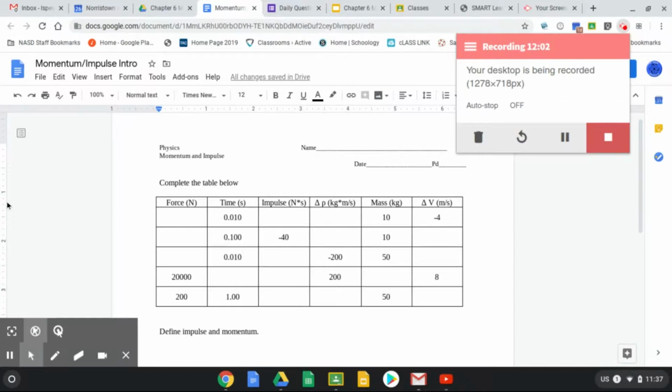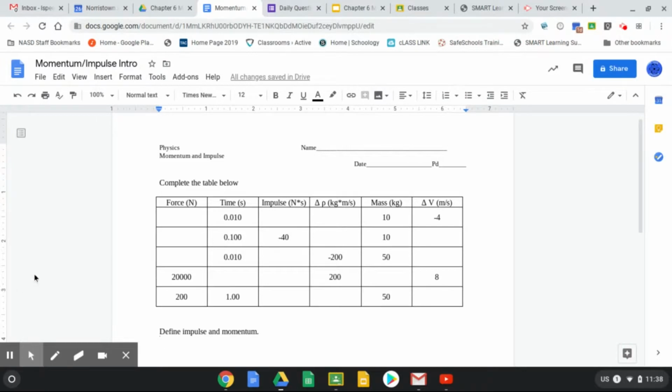All right, let's take a look at the worksheet that came along with today's lesson. Let me see if I can get this off the screen here for you. There we go. Let's take a look at this chart going on up at top. This chart has force and time.